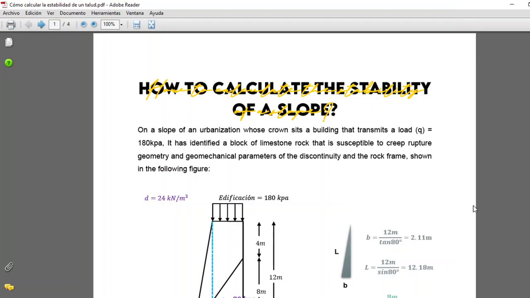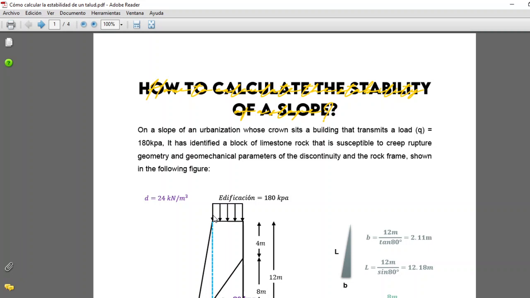Today I'm going to explain a technical topic, which is how to calculate the stability of a slope. Okay, we solve this example.